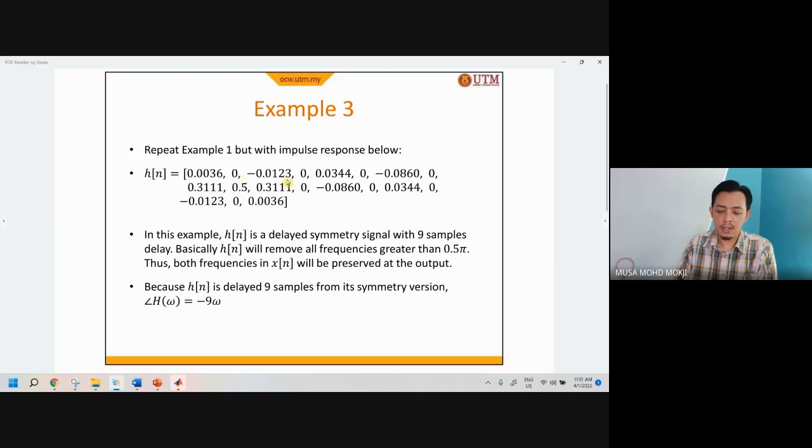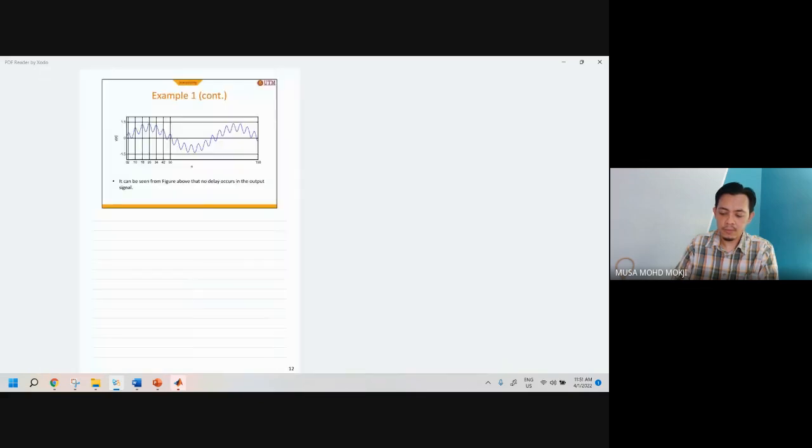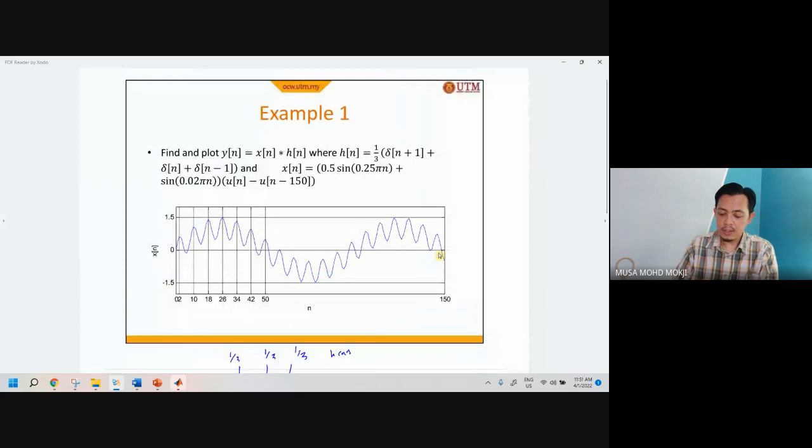We did some design on this one, and then we came up with this. So what will it do? It will remove frequencies greater than 0.5 pi. In our example here, we have a frequency of 0.25 pi, and this one is 0.02 pi.